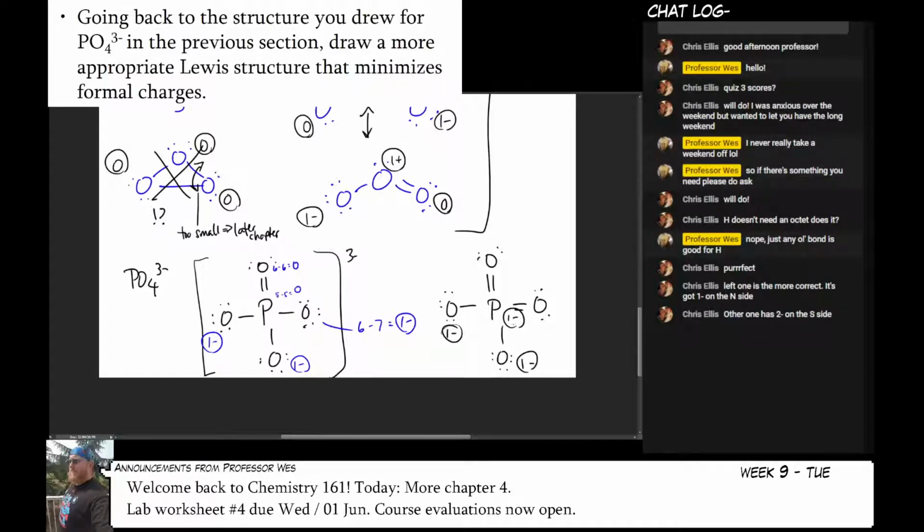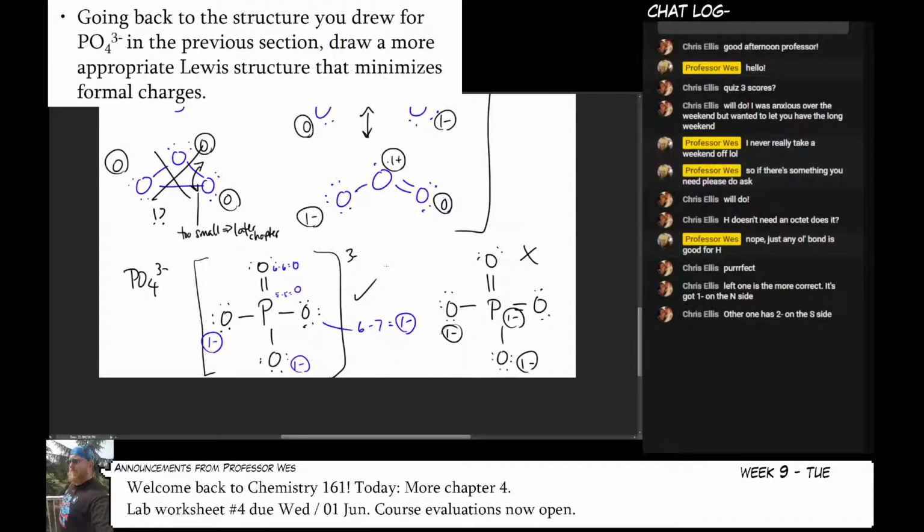But then we're putting the minus charge on the phosphorus, which is less electronegative than oxygen. So this is not as preferential. This is the best structure. If I make more double bonds, I'm just stacking negatives on phosphorus, and that's not something that we want either.